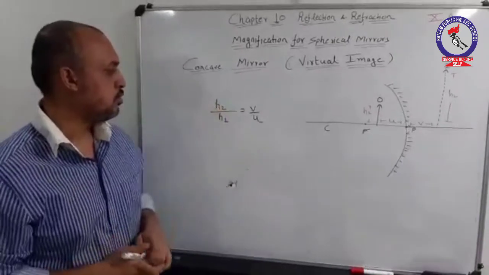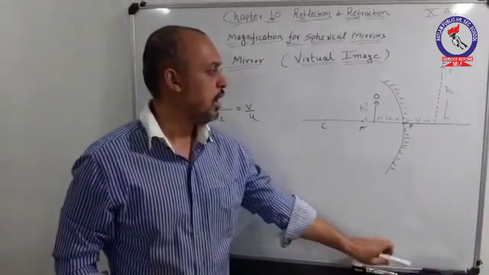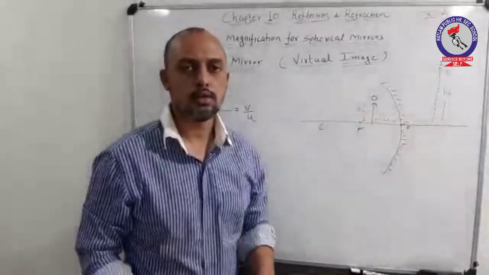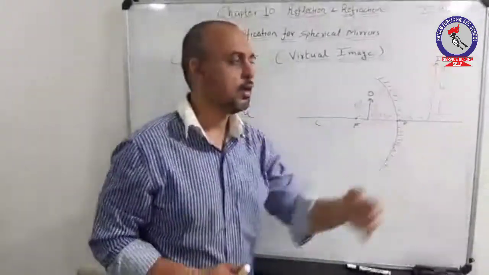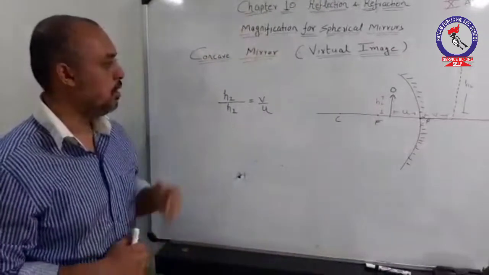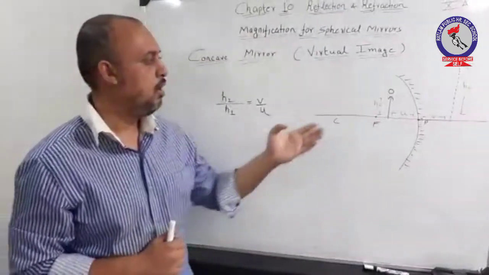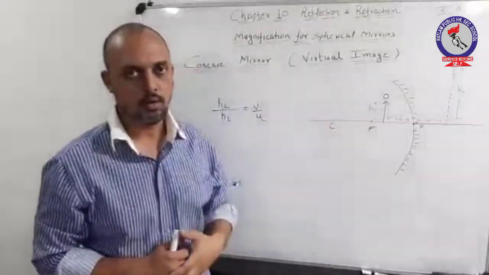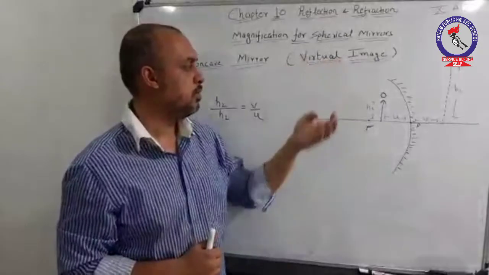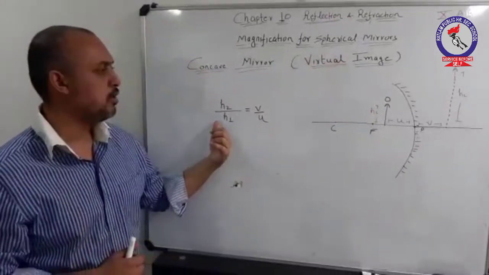Now first H2. Observe H2, as image formed in this case is an erect image, so it is formed above the principal axis. In that condition, our H2 remains positive. Talking about H1, as object is kept in front of the mirror and it is kept above the principal axis, therefore H1 will also be positive.